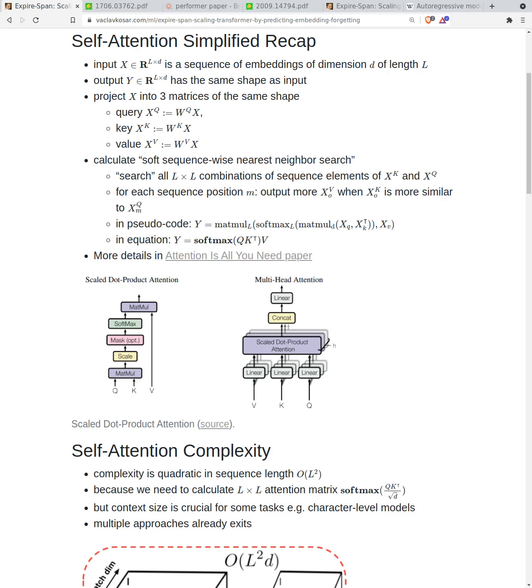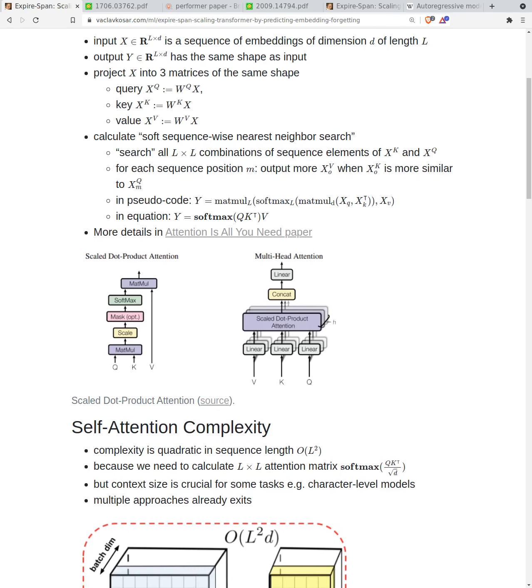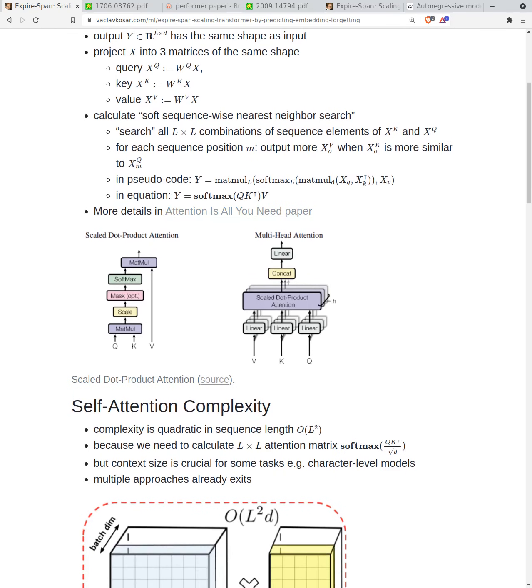That is, we weight by the softmax of the dot products. We can also describe it, in simplified terms, as softmax of query times k transposed, times v. You can read more details in the Attention Is All You Need paper.